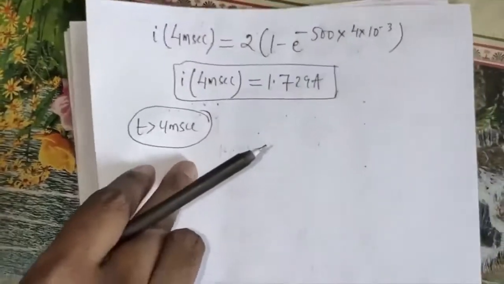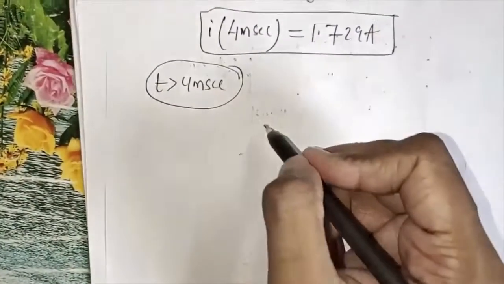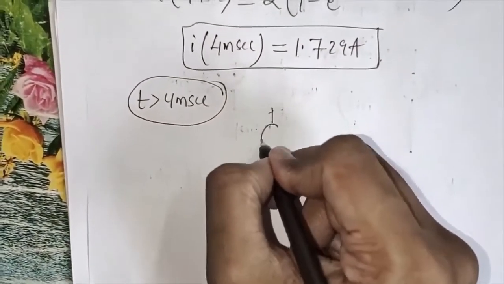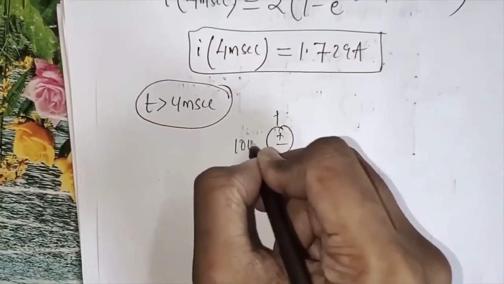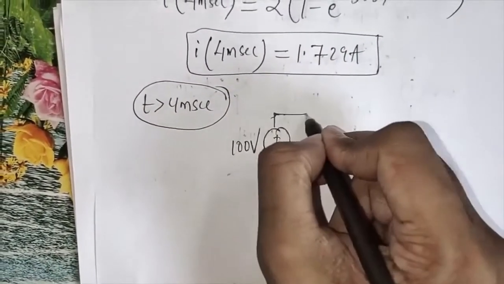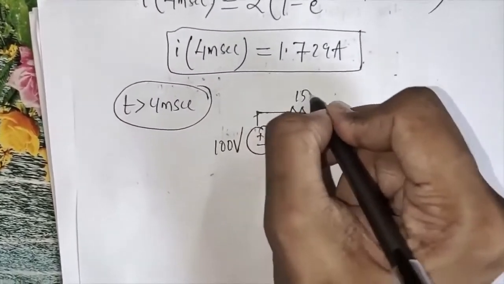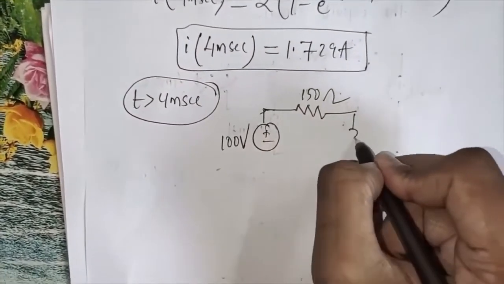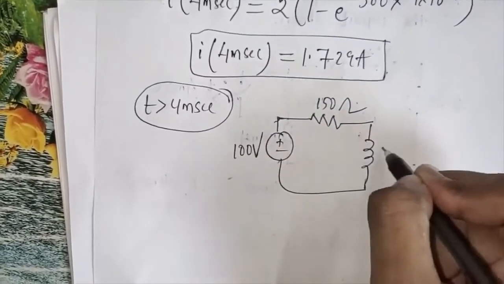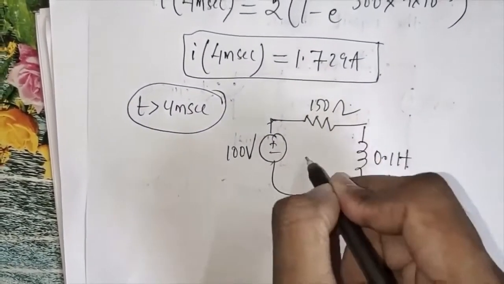So the circuit will consist of a voltage source of 100 volts in series with a resistor of 150 ohms and inductor 0.1 henries.